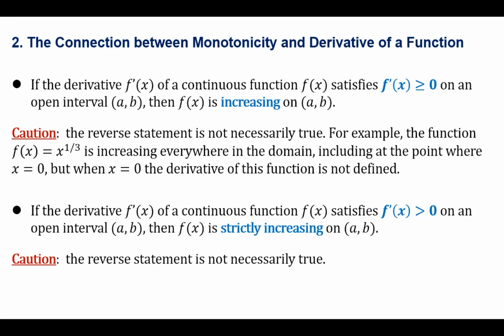If at any point the instantaneous rate of change is either 0 or greater than 0, this means this function keeps increasing at any point, right? Or at least the function is not decreasing, right? Therefore, we have the relationship between whether this function is increasing by only considering its derivative, right?